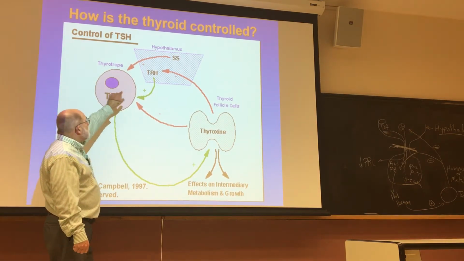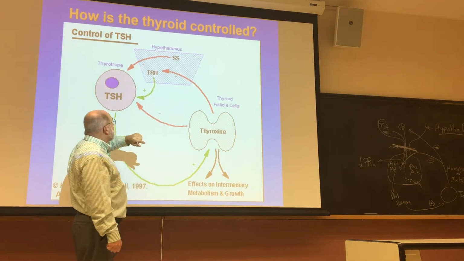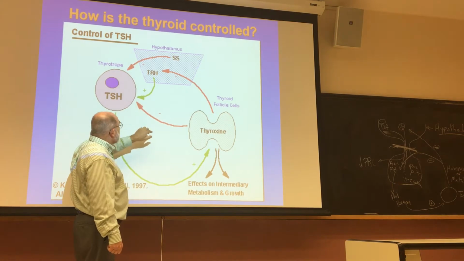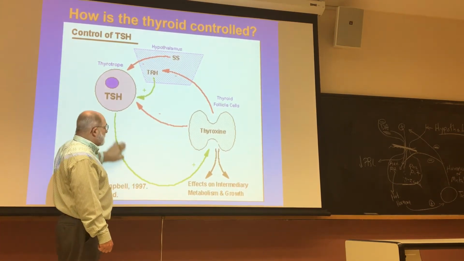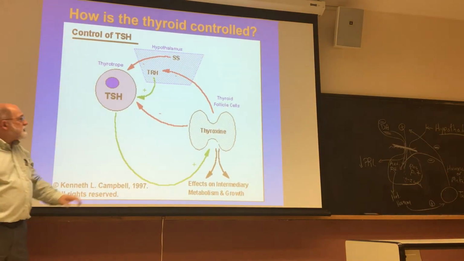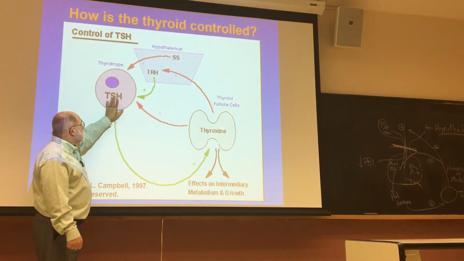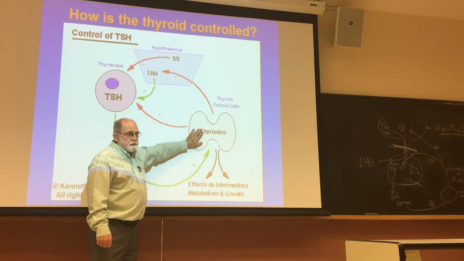The control, as I told you earlier, is stimulated by thyroid releasing hormone and suppressed by somatostatin. The primary control for this whole loop is actually right here. This is sometimes called the short loop feedback because it only involves two cell types, the thyrotrope and the thyroid follicle cells.